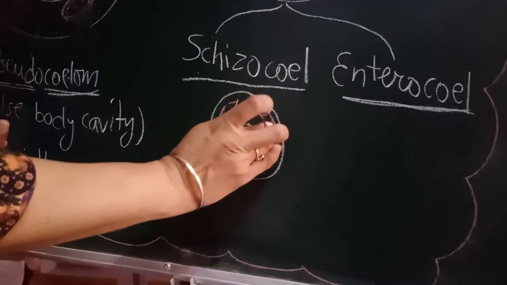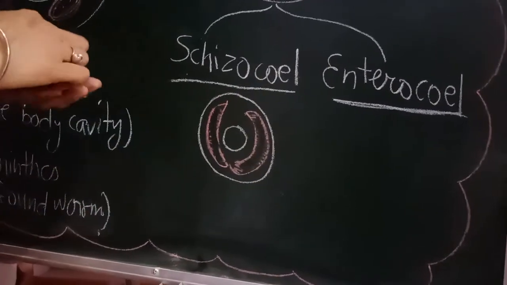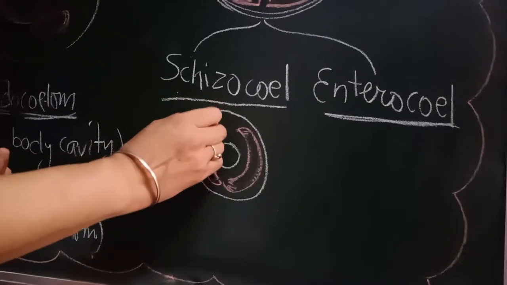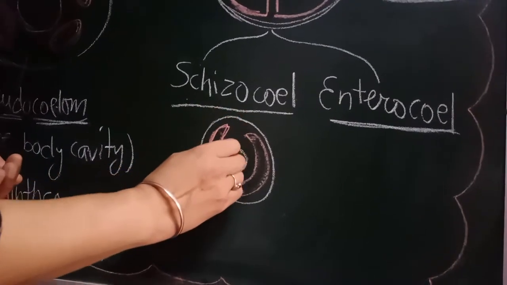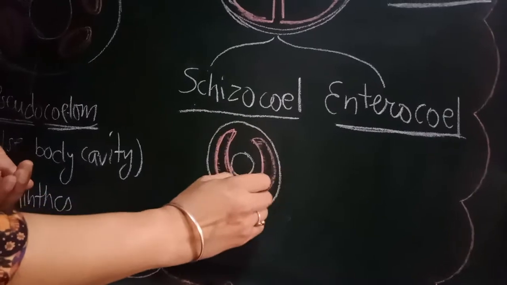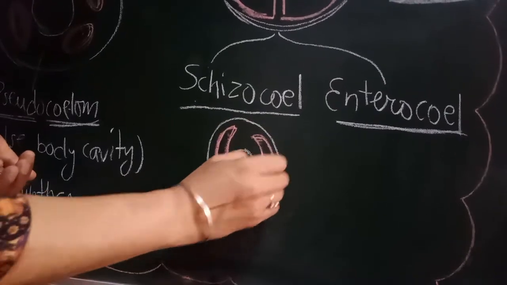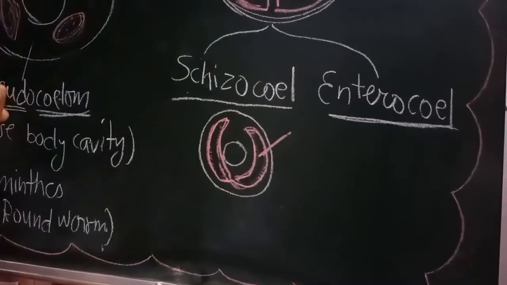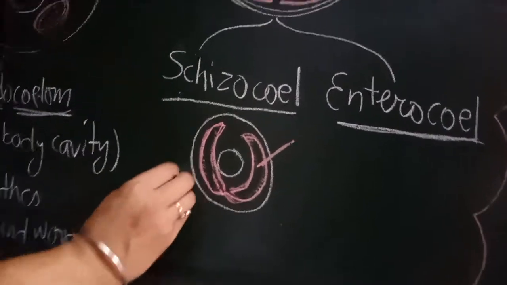There occurs the splitting in between that, so that a space appears, and progressively this space enlarges and gives rise to the true coelom. So this is how the true coelom is being formed, by splitting.